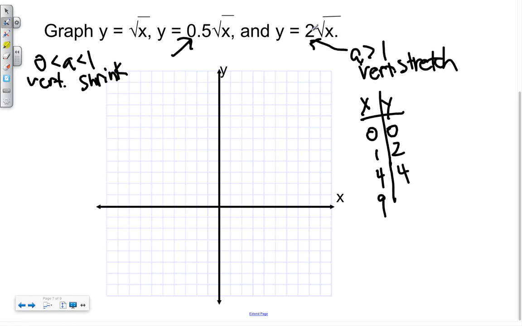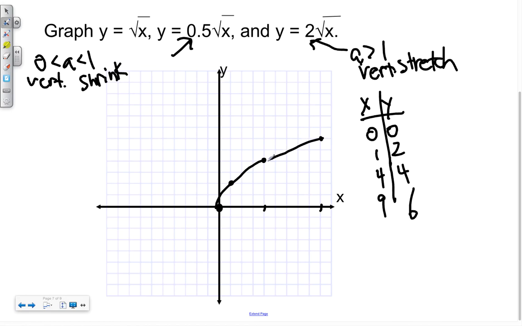Square root of 9 is 3 times 2 is 6. So we can plot those. 0, 0, 1, 2, 4, 4, and 9, 6. All right, so that is our vertical stretch.